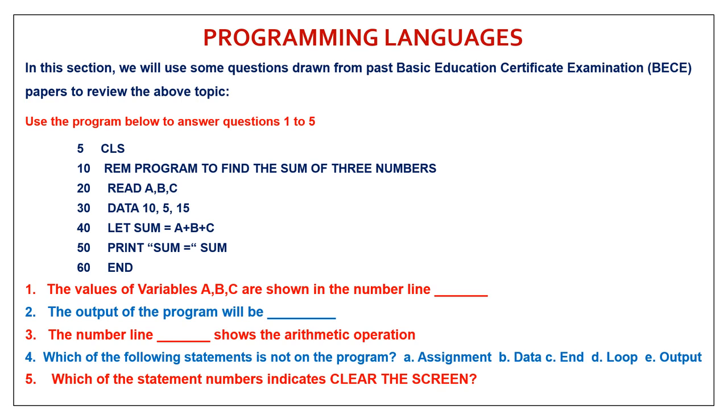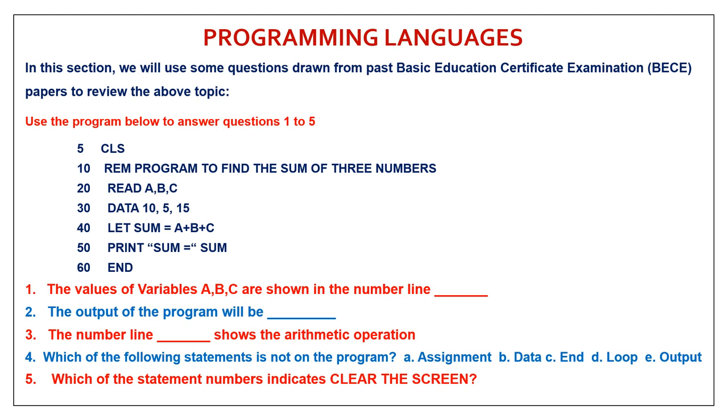So the output of the program will be sum equal to 30 because our variables' values are 10, 5, and 15. So if the values of our variables are 10, 5, 15, the output of the program will be 10 plus 5 plus 15. Number 3. The number line dash shows the arithmetic operation.